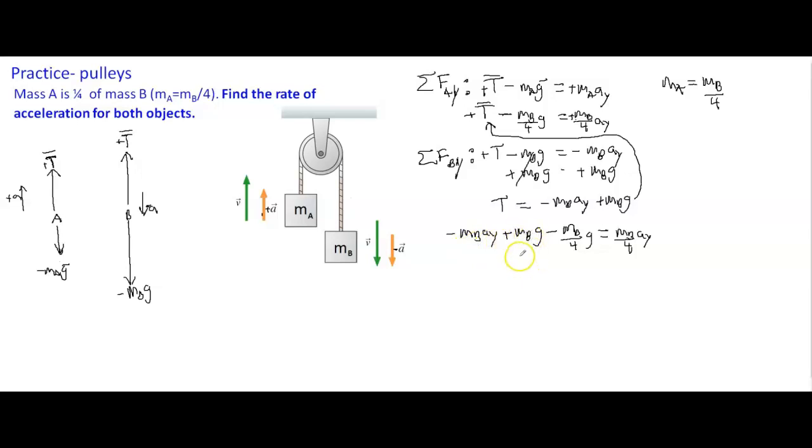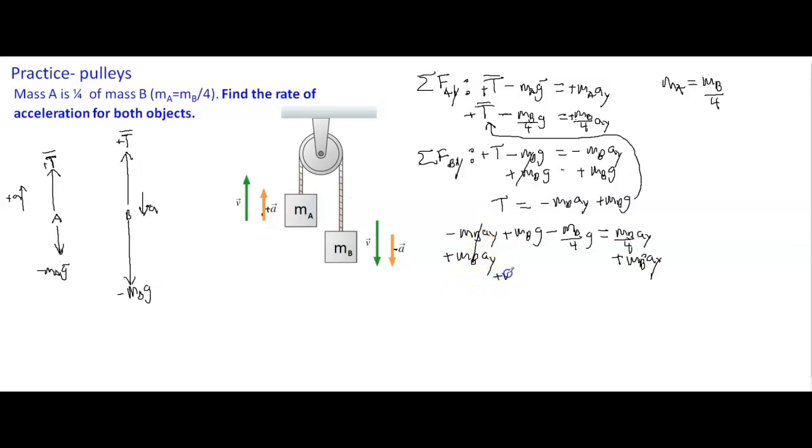Okay. So now I'm going to put my A's to the left, and I'm going to bring my G's onto the other side. Well, actually, hold it. I'm just going to bring this onto the other side here. It'll be easier. So I'm going to add MBAY. Again, the whole point is to get an equation to evaluate the acceleration in the y direction. So I'm going to add this to both sides, and it's going to eliminate it from that part.